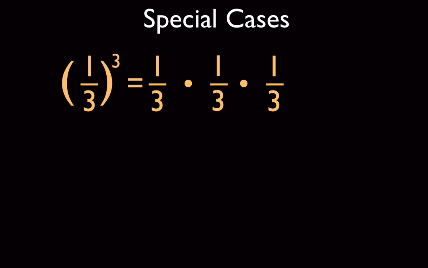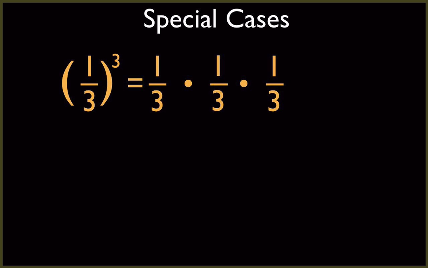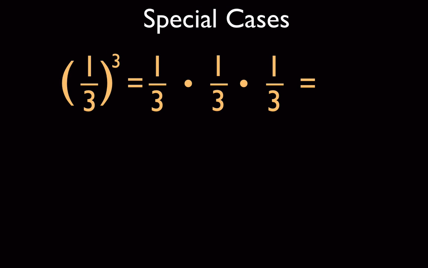That is not correct. Now all we have to do is multiply straight across: 1 times 1 times 1 and 3 times 3 times 3. In this case, I get 1 on top and 3 times 3 times 3 is 27 on the bottom.